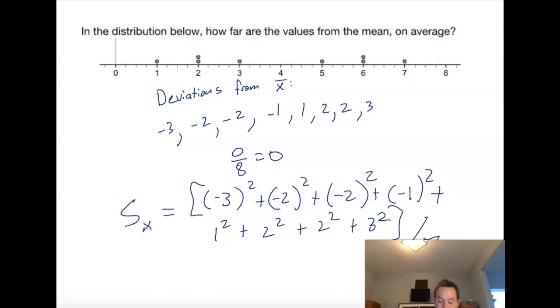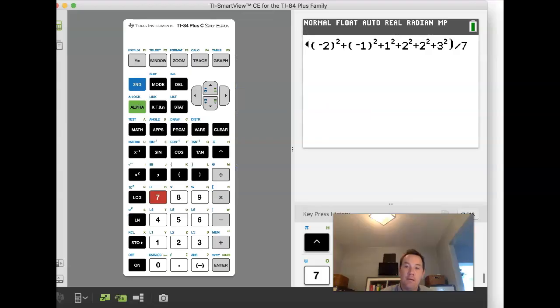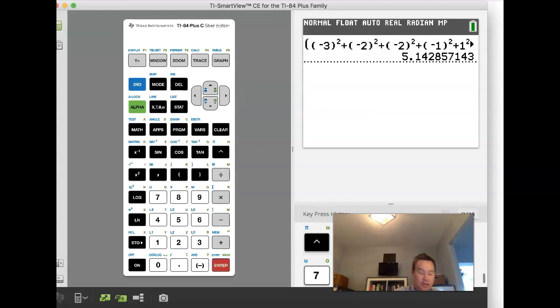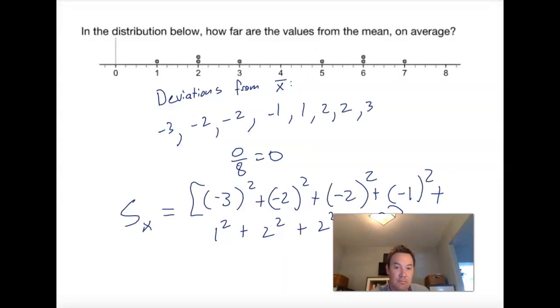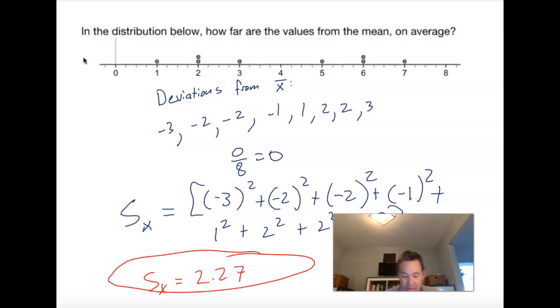So in this case, 7. Okay, so I entered all that straight into my calculator, hit enter, and the last thing I'm going to do is take the square root of that. All right, so about 2.27. And they don't give us units here, otherwise I would tack units onto it.